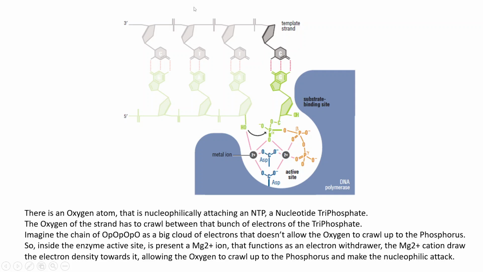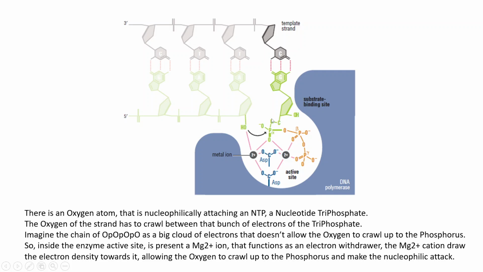So let me break it down. You have your dsDNA here, and then this is your template strand, and you're going to add in a whole new dNTP here. So how is that happening? We need to create a phosphodiester linkage over here. You have an OH in the previous one and you have this phosphate here.